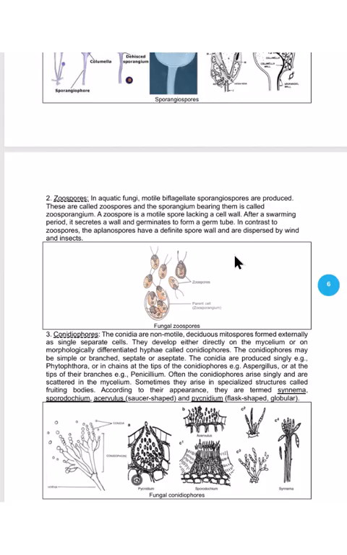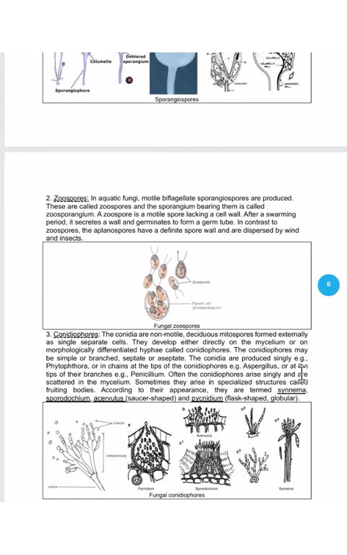Unlike the non-motile aplanospores, they move together in swarming because they are flagellated. The aplanospores, of course, have a cell wall, and they are dispersed by wind, unlike the zoospores, which can disperse by their motility in the watery medium.